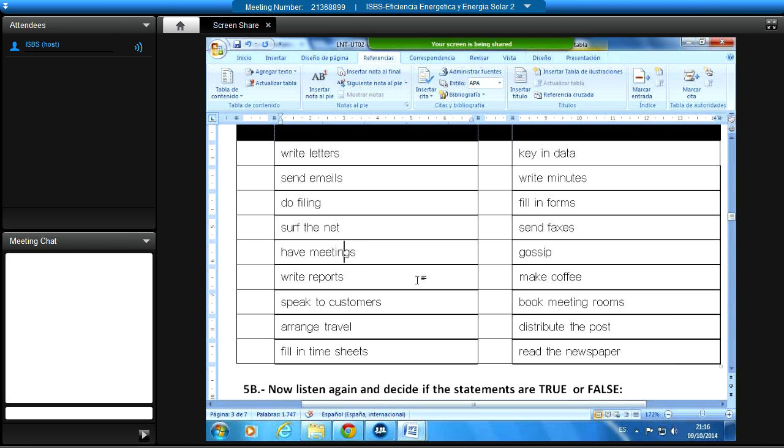Fill in, to complete, yes, forms, formularios. Send faxes, gossip. Yeah, like Sálvame and all that kind of thing. This is gossip. To make coffee, to book meeting rooms, to reserve rooms for meetings, to distribute the post, and to read the newspaper. Okay?